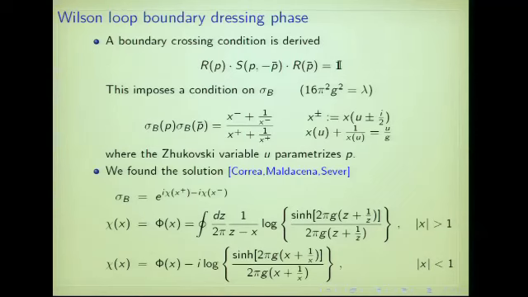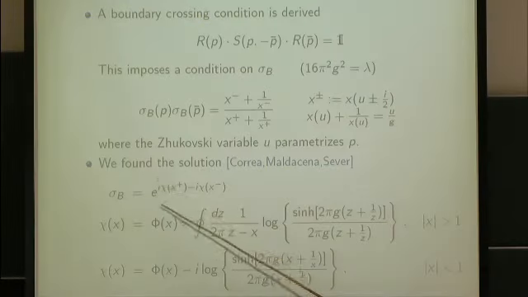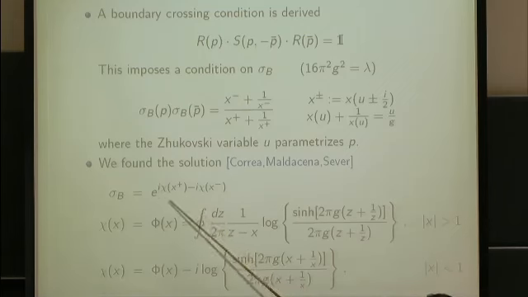And we found in our papers a solution to this crossing equation, which is pretty similar to the expression in a paper by Nick, Hoffman, and Maldacena, where they wrote the dressing phase in terms of contour integrals. This is like the DHM version of our dressing phase.